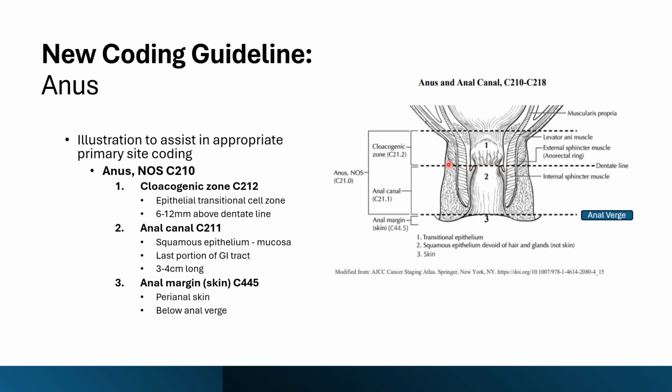So the dentate line is right here. It divides the cloacogenic zone and the anal canal. The anal canal is this largest portion of the GI tract. And then outside of that, once we pass the anal verge, we are now in the skin, C44.5. So be sure to use this information and this illustration when you are abstracting anal cases.